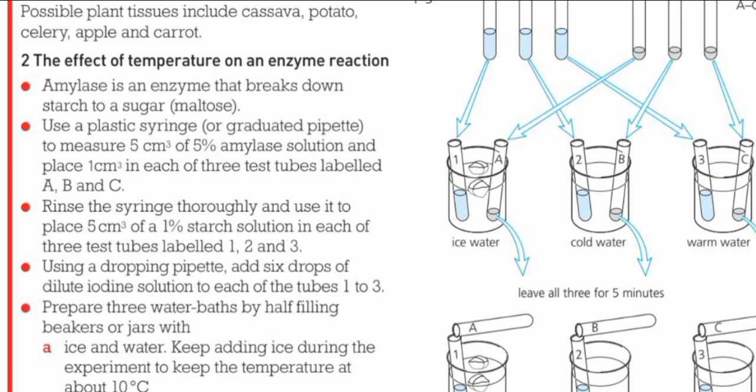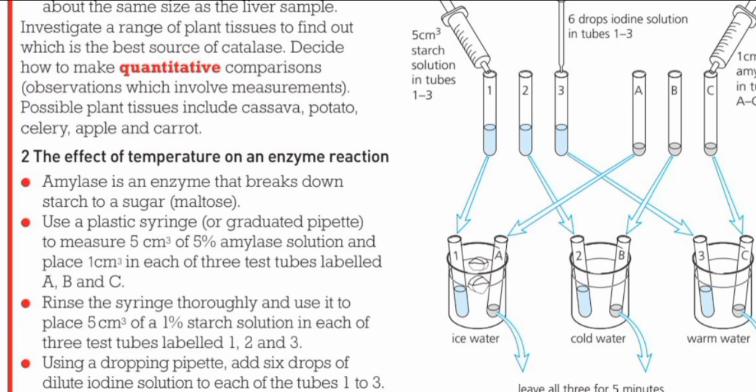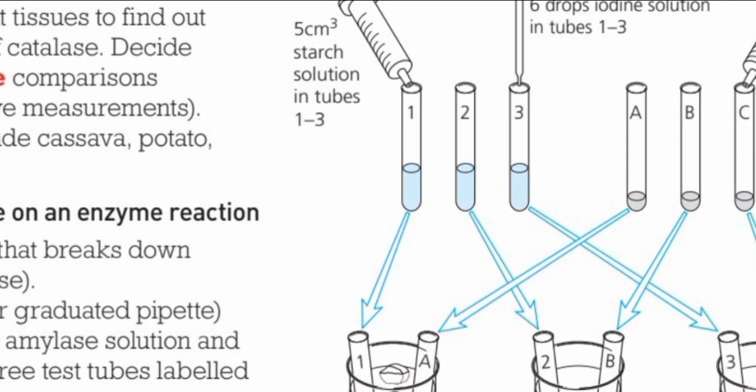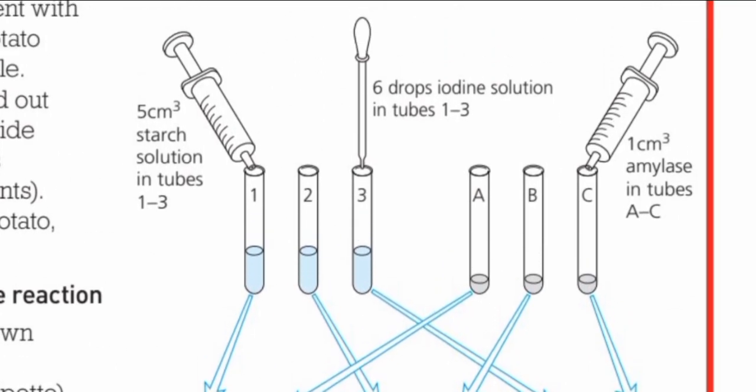Now first we have to make a setup for the preparation. Start solutions in tubes 1, 2, 3. We take test tubes 1, 2, 3, and also a water bath. Like you can see here, we have taken 3 test tubes that contain starch, 1, 2, 3, and next we take 3 more test tubes that contain amylase, labeled A, B, C. So here there are 6 test tubes.